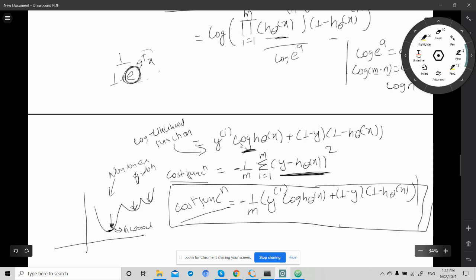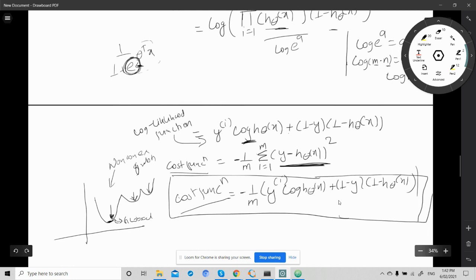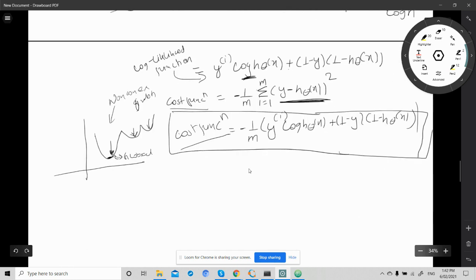Now if we take the log equation for y equals 1, what would be our output? J theta would be minus 1 by m log of s theta of x. The second term, 1 minus 1, will be 0 for y equals 1, so let's exclude it.